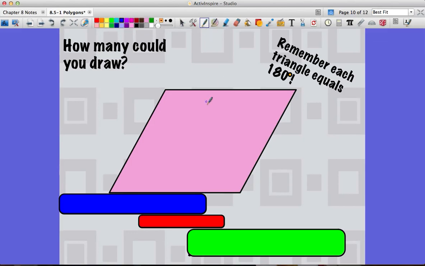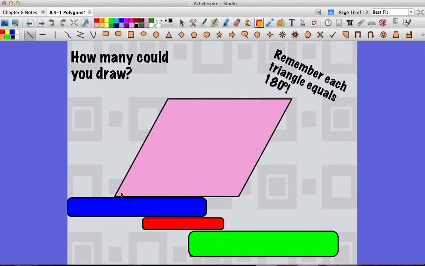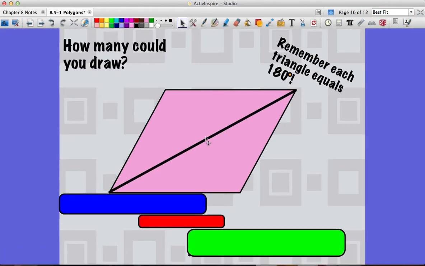Okay, so since I could draw 2 triangles, and I'll even draw it again just in case, we're going to take what we know about the 180 degrees in a triangle and help us find the amount of degrees in this quadrilateral.